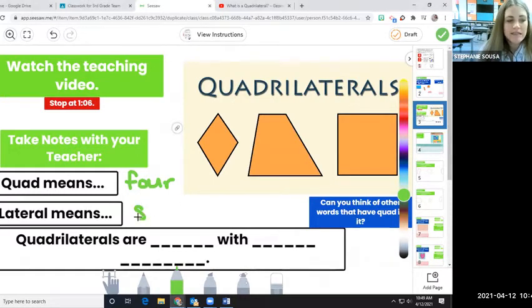Lateral means sides. I'm writing, you're writing. Quad means four. Lateral means sides. So a quadrilateral has four sides.